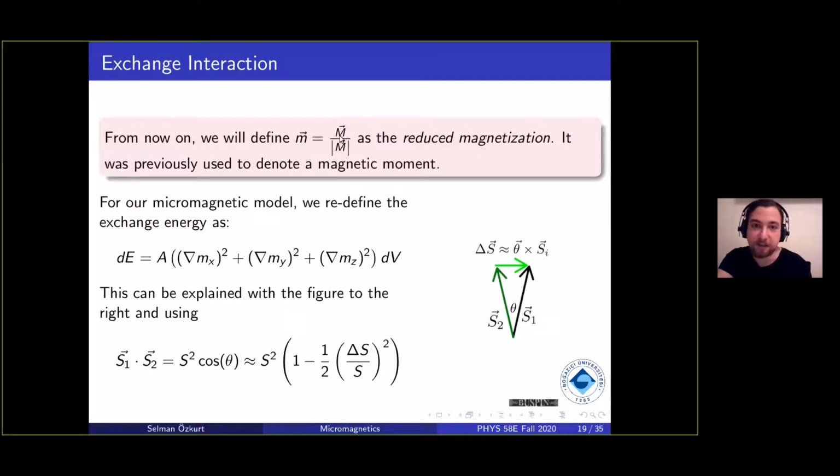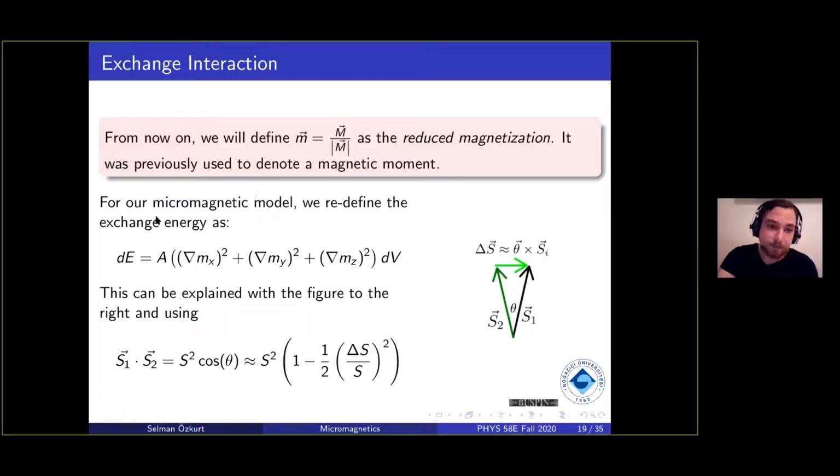This does make sense because in most cases its magnitude is going to be just 1. As defined here, it's always 1, of course. But in a ferromagnet, we will see that all the local magnetizations are equal to the saturation magnetization of that ferromagnet.